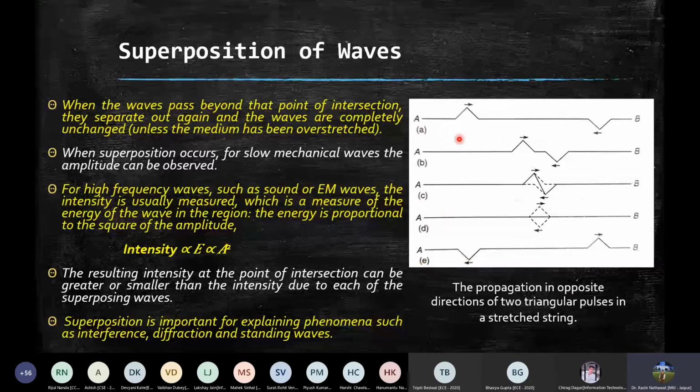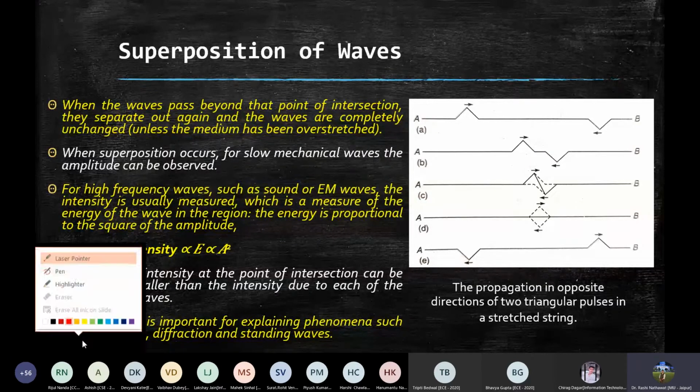One triangular pulse is generated which propagates to the right with speed v, in the plus x direction, and another triangular pulse propagates with speed v in the minus x direction, without any change in shape. And if at some time t, let me write it down here, one minute.